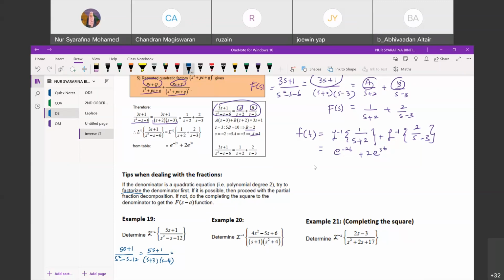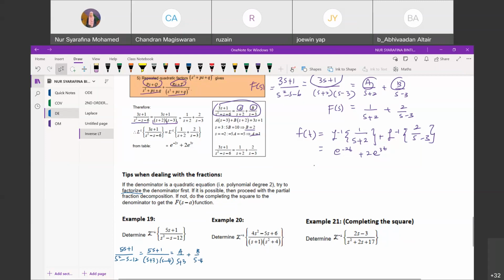Just the form. No need to solve. You can try to do it after this. What is the form? Okay. So this is a linear factor. So you can decompose to A over s plus 3 plus B over s minus 4.